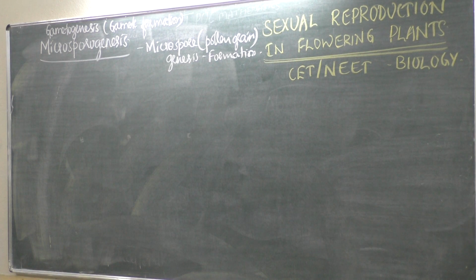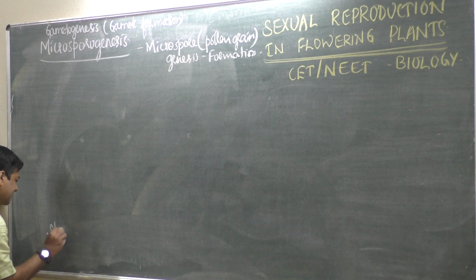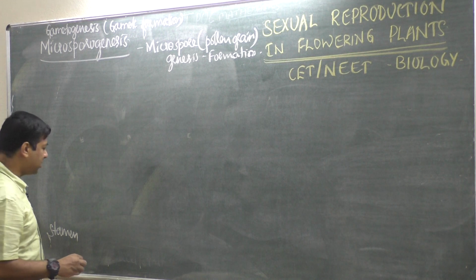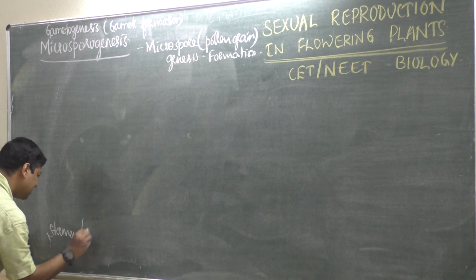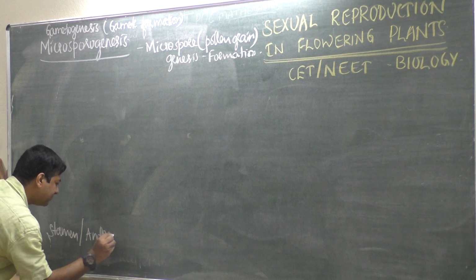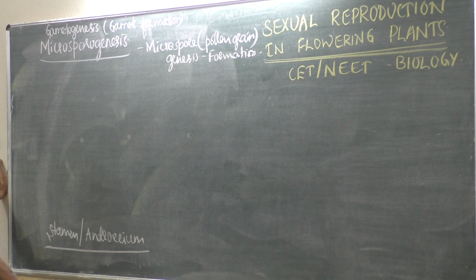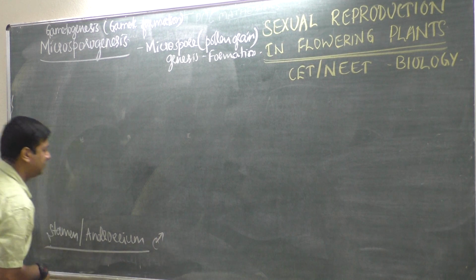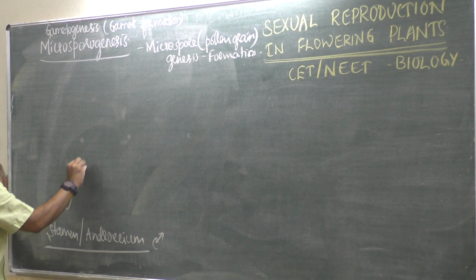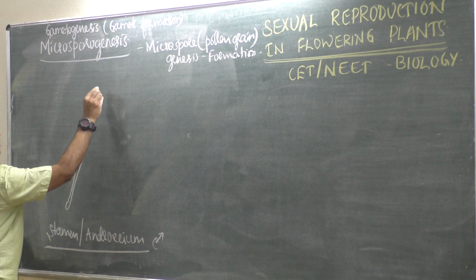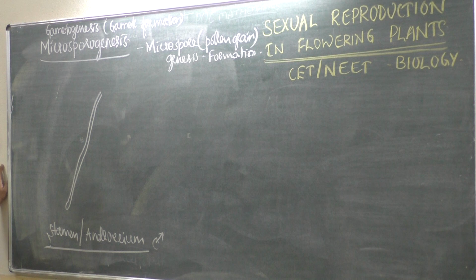So let us see the structure of the stamen, which is the male reproductive part of a flower. The stamen, also called the androecium, is the male reproductive part of a flower.